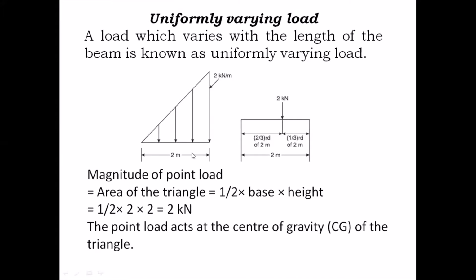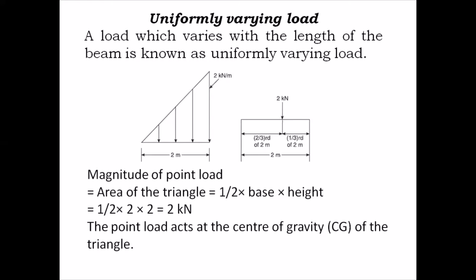Now again, this is a triangular type of loading, and we need to convert it to a point load in the same way as we did for the UDL. Now how do you convert this to a point load?